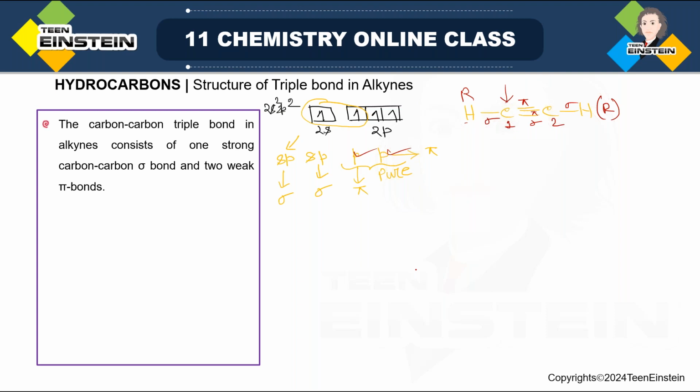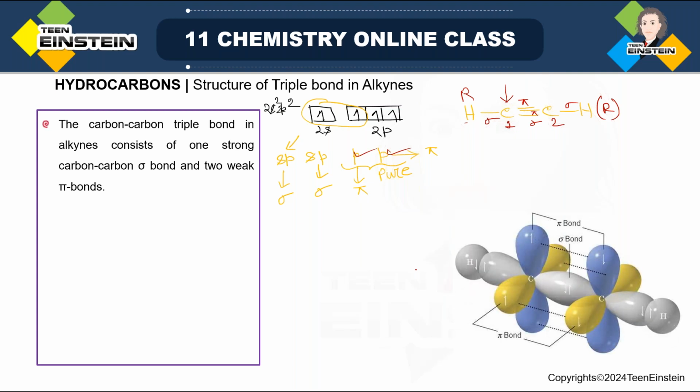So in this way you can understand the sp hybridization. Fine. Now, if that is the case, let's have a look at this orbital diagram where we have HC triple bond CH. I'm writing it in the same fashion as you can see in this orbital diagram. Suppose this is carbon number 1, this is carbon number 2.